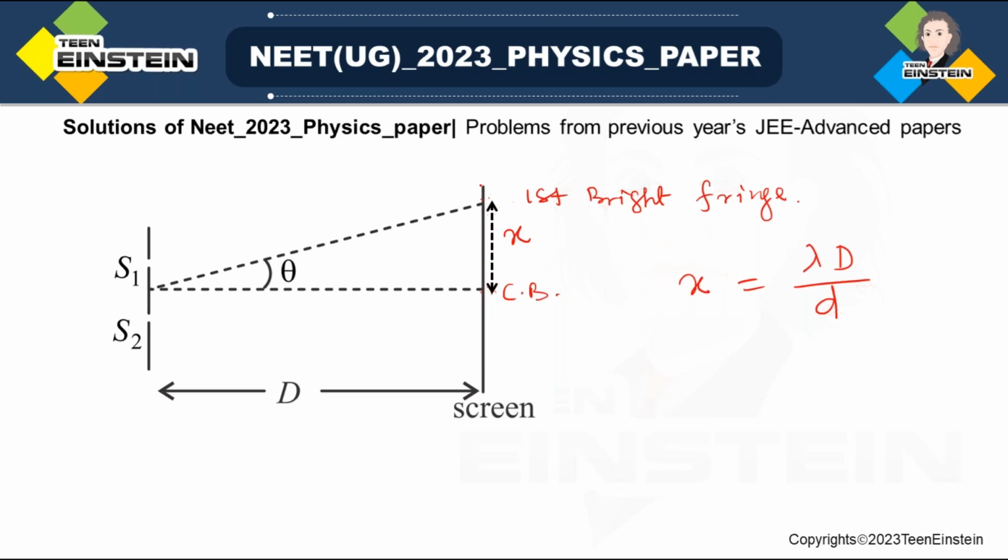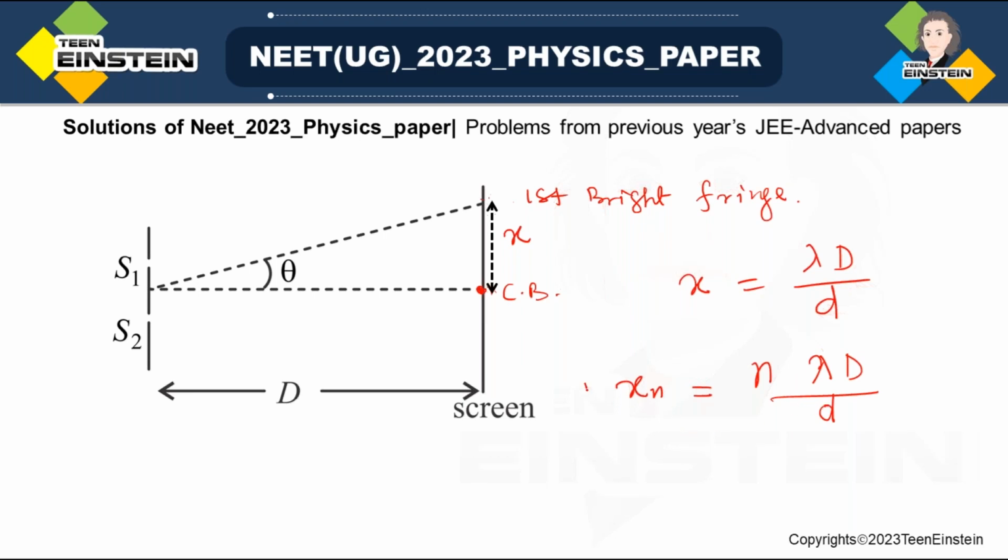If you take consecutive bright and dark fringes, this is generally called the path difference. For the central fringe, xn is equal to n lambda D by small d. This is the path difference.